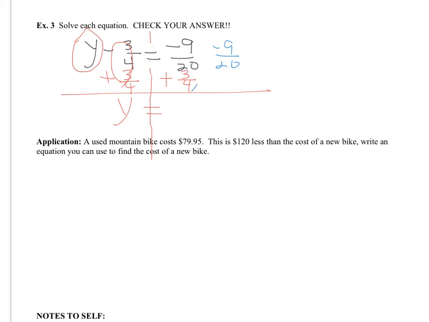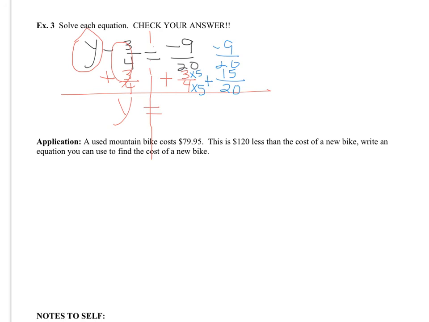So I'm just going to change my 3/4 so it has the common denominator of 20. So 5 times 4 is 20, so that's what I'm going to do to the 3 as well. So now I have negative 9/20 plus 15/20.